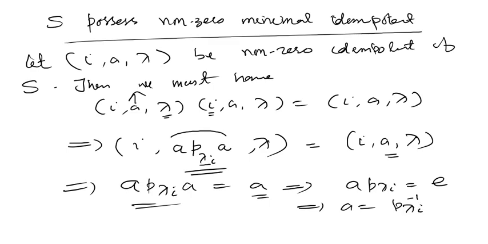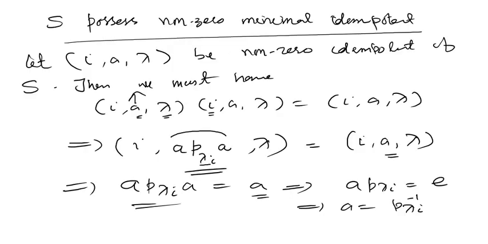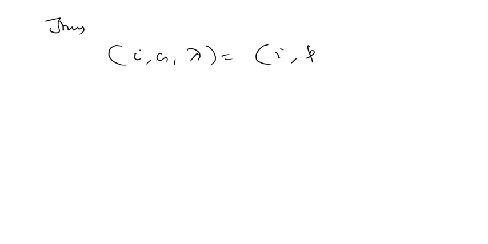So what is the idempotent? क्या आ गया, ये A किसके बराबर आ गया, A आ गया P lambda I inverse के बराबर. So thus this I A lambda is equal to I P lambda I inverse lambda.